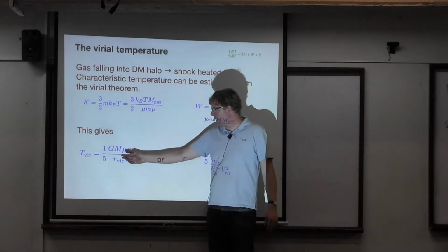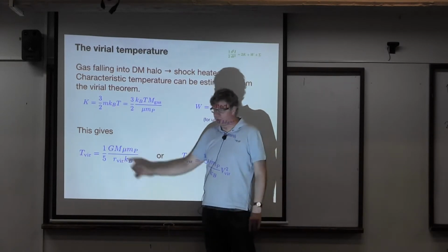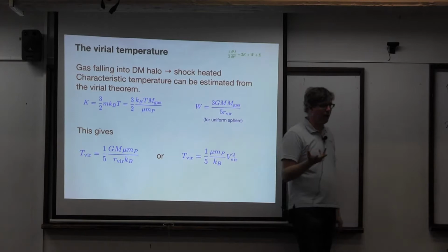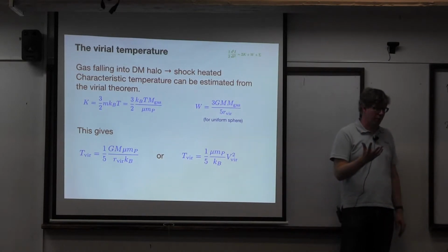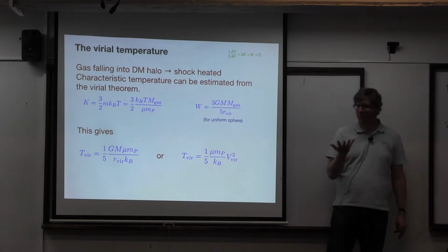So if you have a fully ionized gas of hydrogen and helium, this one is 0.59. So it depends on how ionized it is. It's the mean mass per particle. Okay, so if you have only hydrogen and it's neutral, then the mean mass per particle is 1 hydrogen mass.